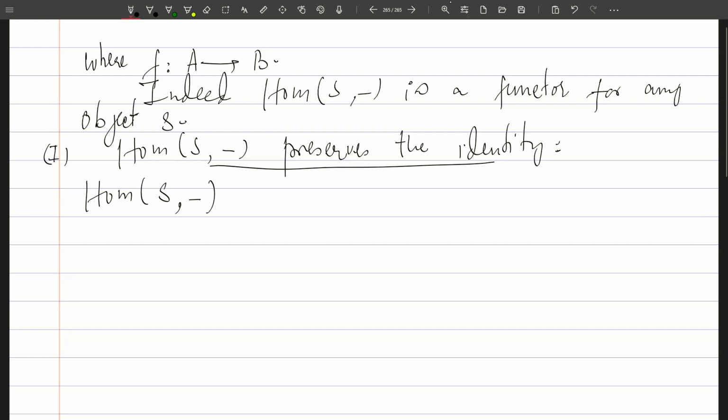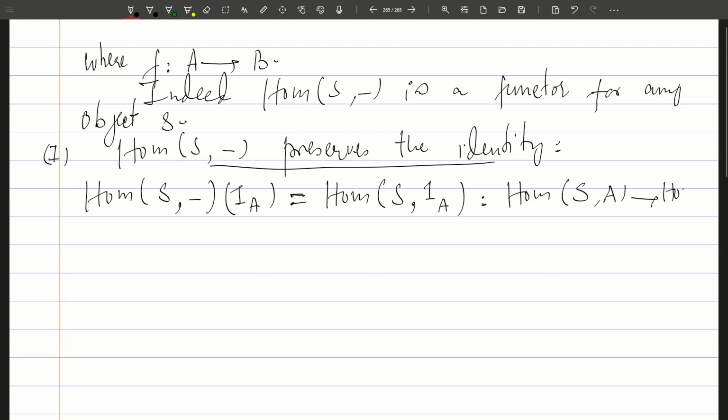Let us evaluate this map on the identity morphism on A. This goes to the function Hom(S, 1_A), where 1_A is the identity map on A. By definition this is a function from the object Hom(S, A) to Hom(S, A), because 1_A is a map from A to A, so it is a morphism from A to A. That is why these two sets are the same.